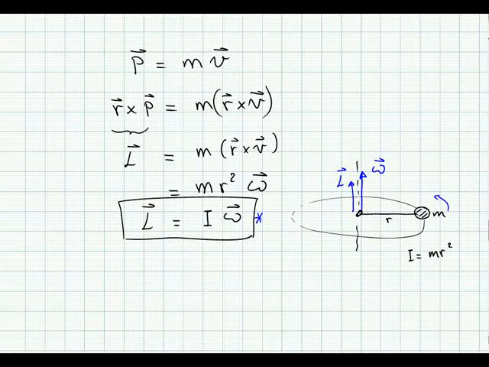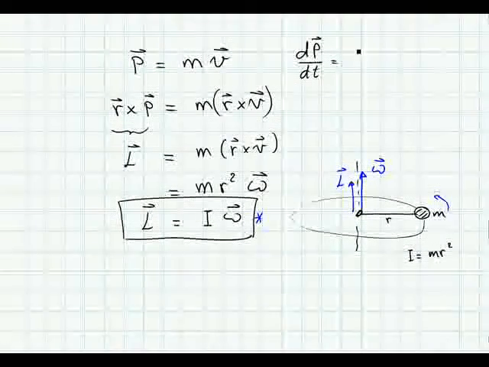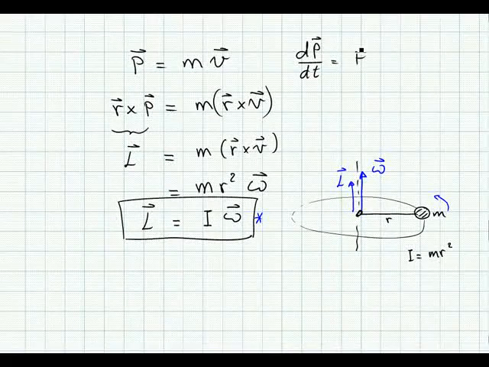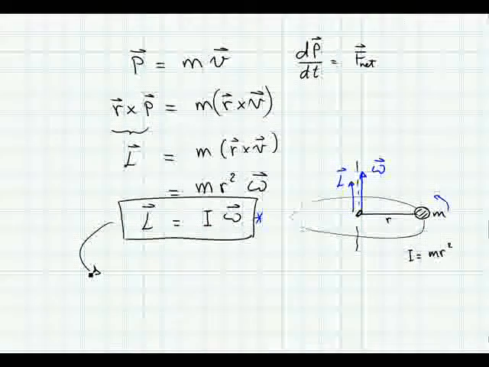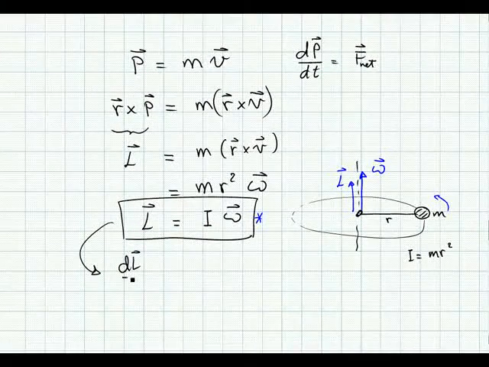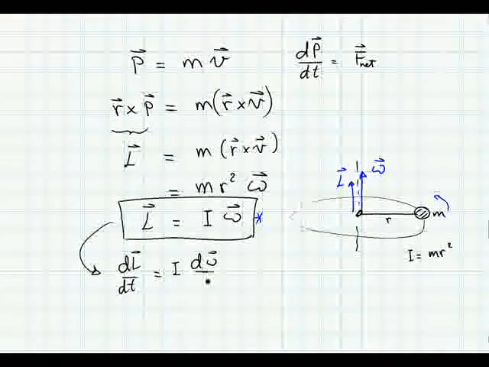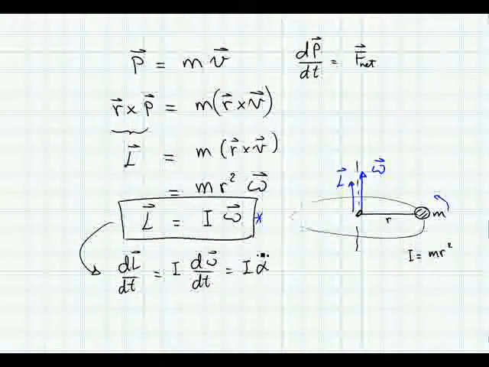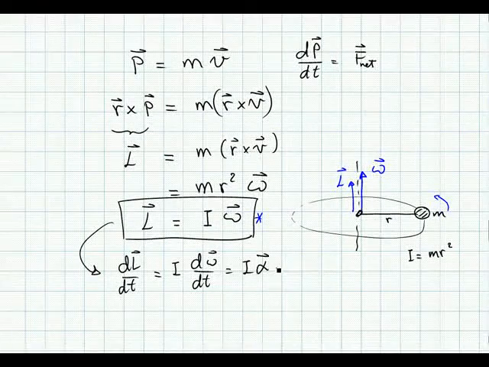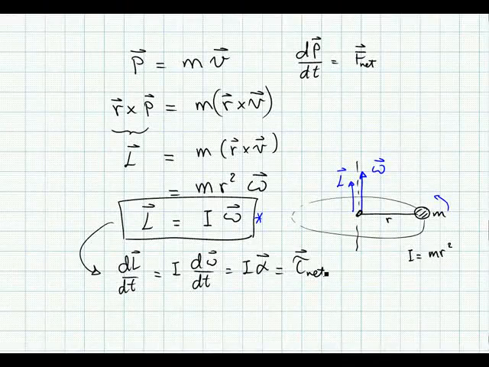Now, in studying linear motion, we've also seen that the rate of change of linear momentum is equal to force, the net force being applied to the object. Similarly, if we take a derivative of this expression, we end up with dL/dt is equal to I d omega/dt, which is equal to I alpha, and I alpha, as we saw just a minute ago, is equal to the net torque being applied to the object.